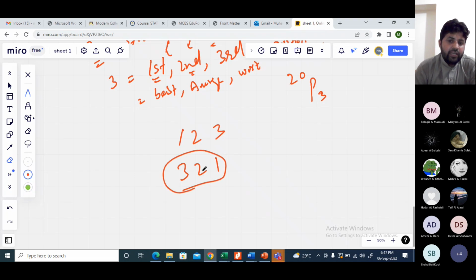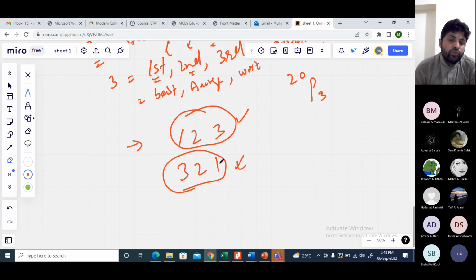Will it be justified if you are writing your car number plate? For example, if the police has given you 1, 2, 3 as your registration number, and you put 3, 2, 1, is it justified? No, it is not justified because you have a unique combination. 1, 2, 3 is unique, and 3, 2, 1 is a unique number plate.